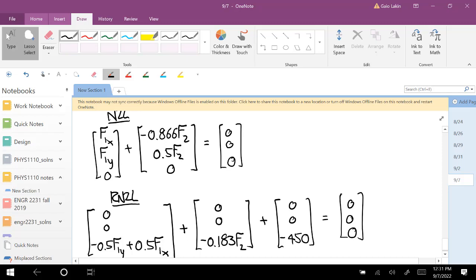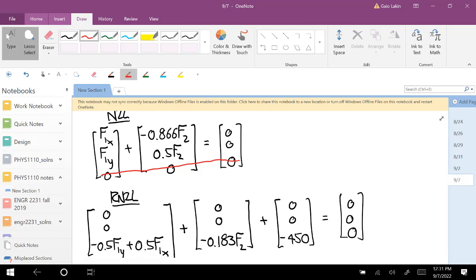Do you remember when I said how many equations we're going to get for rigid bodies in 2D and 3D? In 2D, I said we're going to get 2 useful equations from Newton's second law and 1 useful equation from the moment equation. Well, here you can see it. We do get a third equation from Newton's second law, but it just says 0 equals 0.